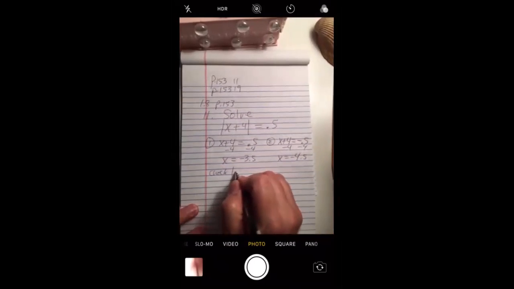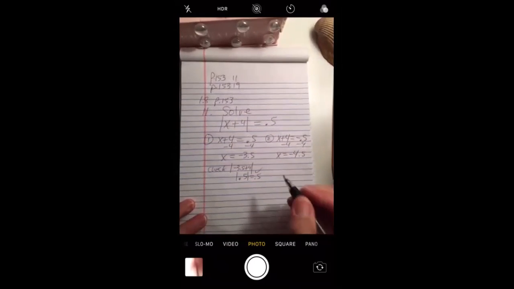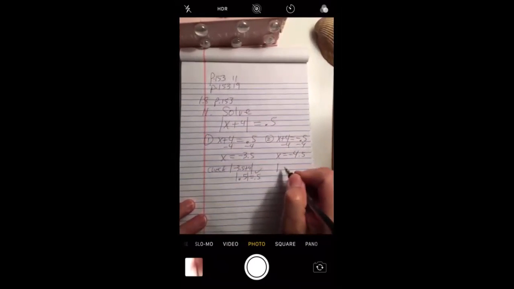If I have the absolute value of negative 3.5 and add 4, I'll get a positive 0.5 equals 0.5. And over here, if I get the absolute value of negative 4.5, add 4, 0.5. Screen's freezing.